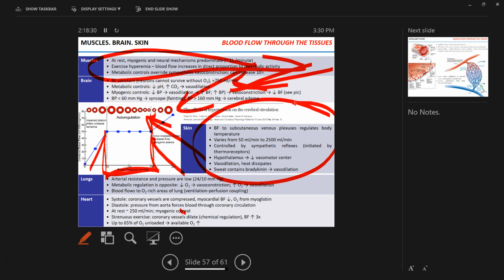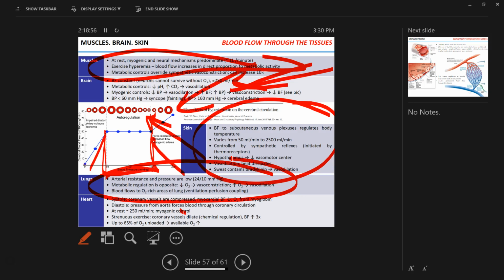Lungs. I'm talking about the pulmonary circuit now. Remember, pulmonary circuit. So in the pulmonary circuit, blood gets to the lungs. What does it pick up there? Oxygen. Do you want blood to go to the areas with more oxygen or less oxygen? More.